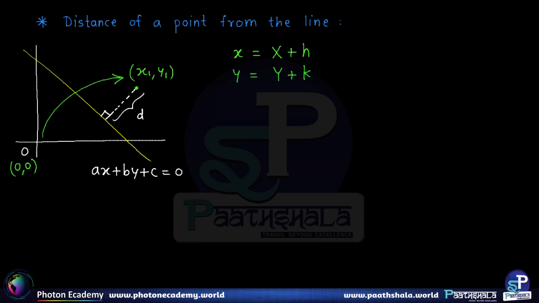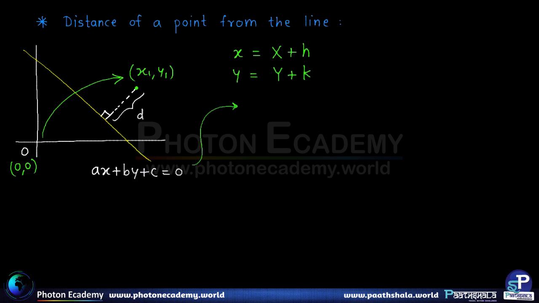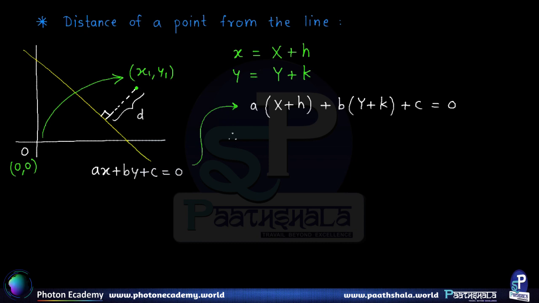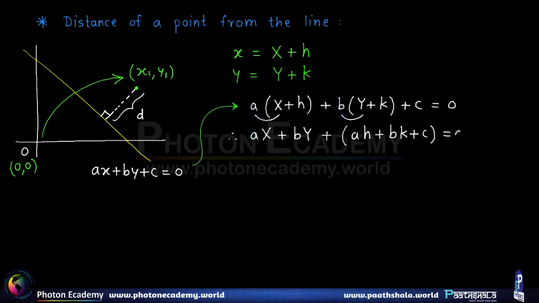So therefore we can write the equation of the line as a into bracket capital X plus h plus b into bracket capital Y plus k plus c is equal to 0. So on simplifying we get aX plus bY, correct? We get these terms, plus the remaining terms we write as ah plus bk plus c is equal to 0. That is a into h plus b into k plus c.